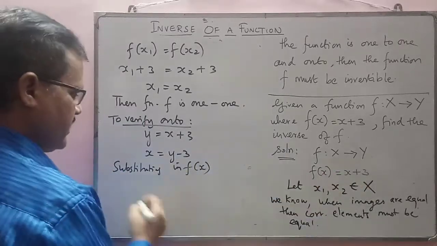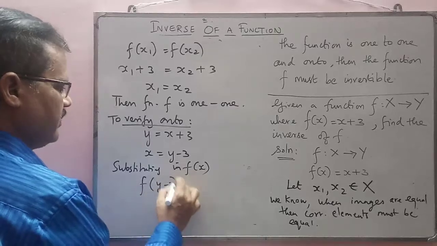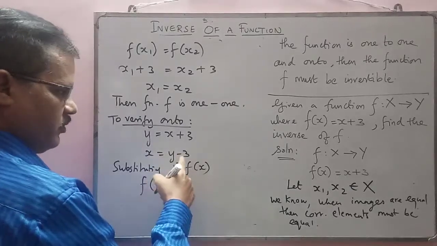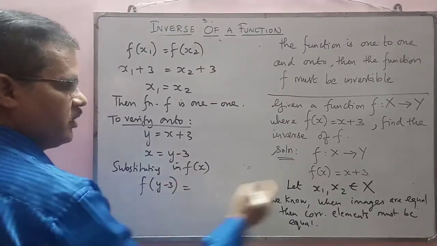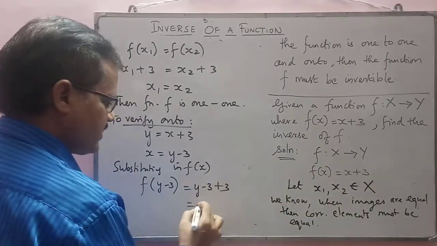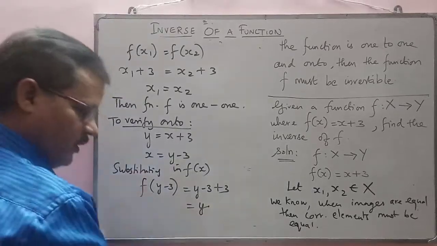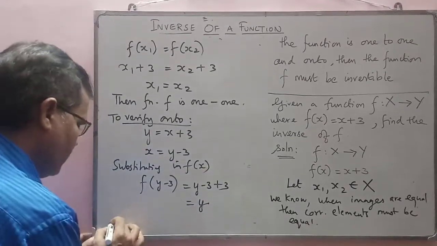What is f of x? X plus 3. So f of y minus 3, because x is y minus 3, equal to y minus 3 plus 3. Minus 3 and plus 3 gets cancelled. So you get y. So if you get a y, what you will understand?